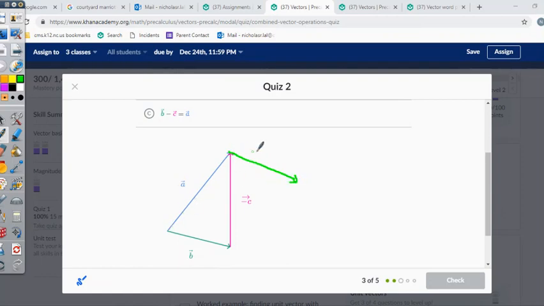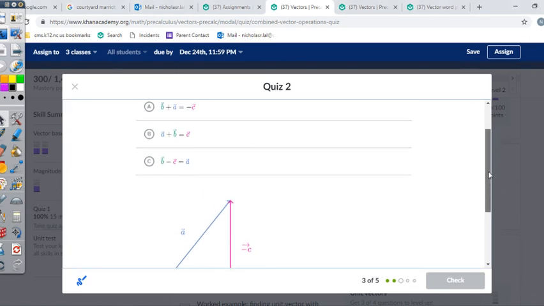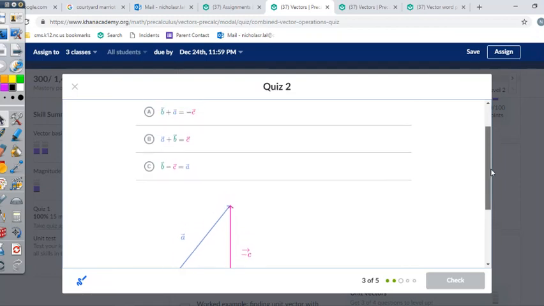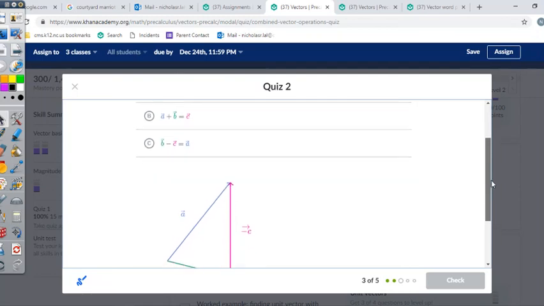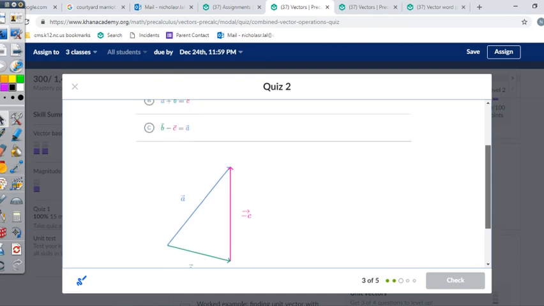That would be vector B plus vector A. And so if you draw vector B plus vector A, the resultant vector would look like that, which clearly has nothing to do with negative vector C. So we can cross out A. Let's do vector A plus vector B, which once again would not equal vector C. And let's look at B minus C is equal to vector A.